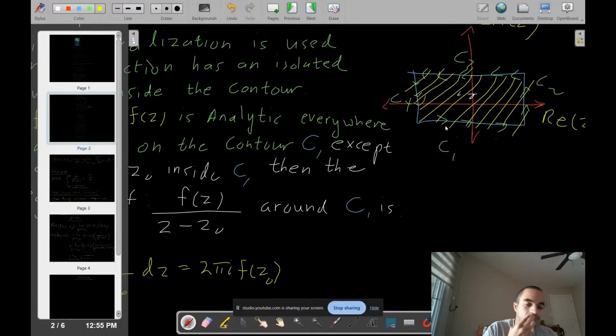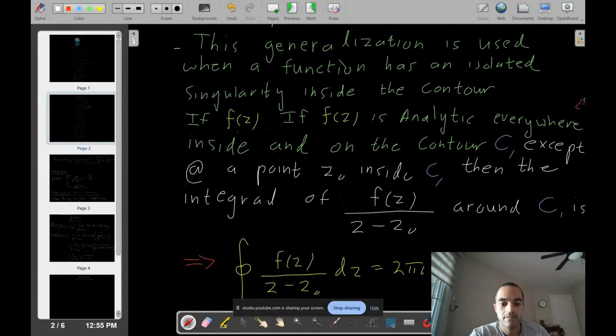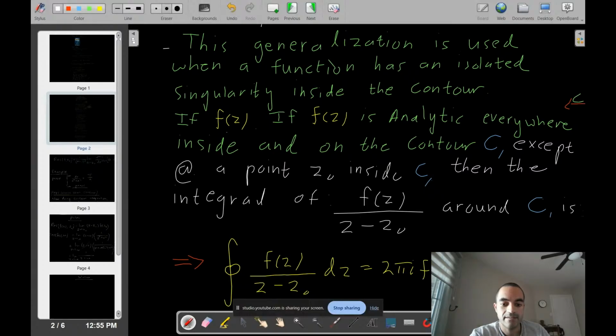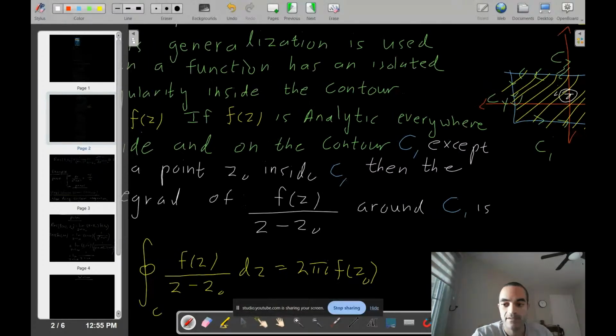So that's why it's an isolated singularity, except at z0. Don't color in this part, I should not have shaded that part. Except at point z0, where I gave an example, letting z0 be the imaginary number i.